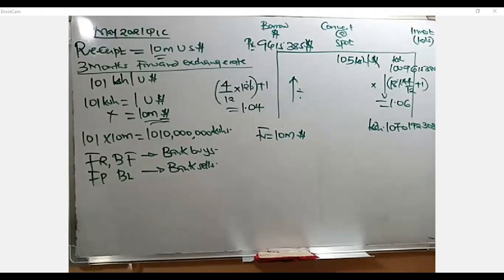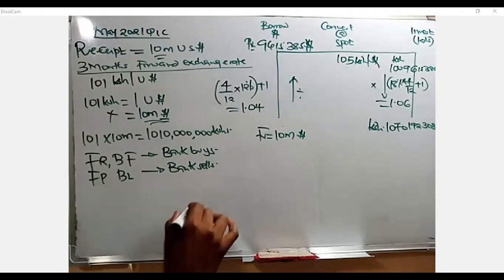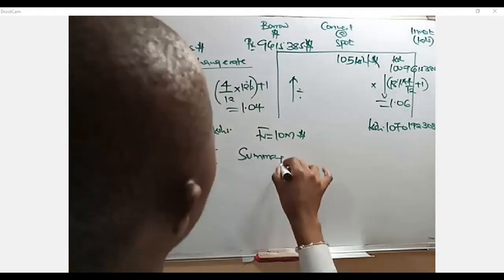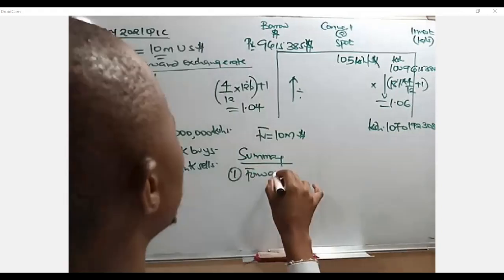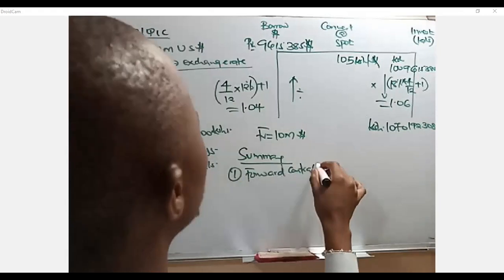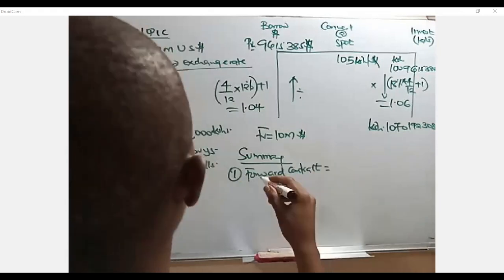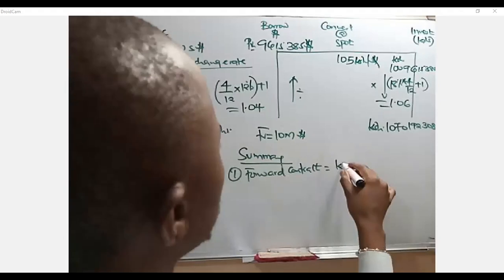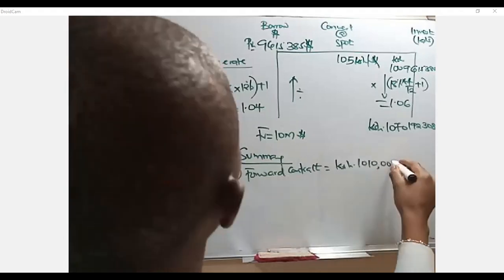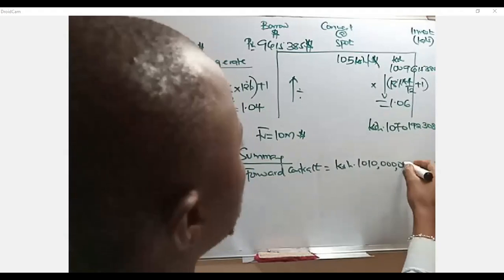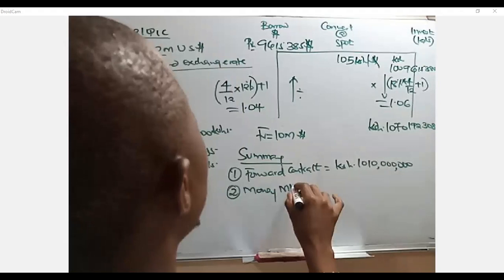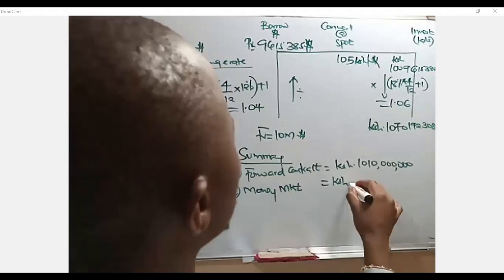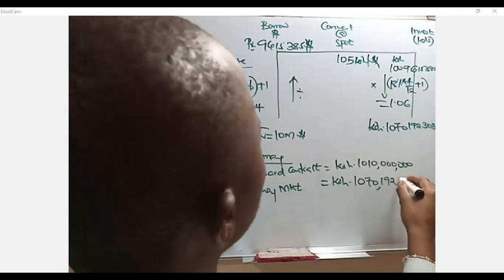Now in this case, because the examiner is asking you to compare between the two, just do your summary here. You will be able to analyze which is the best hedging strategy. Number one, the forward contract is going to be giving us Kenya shillings 10 million. But the money market is going to be giving you Kenya shillings 1,070,192,308.